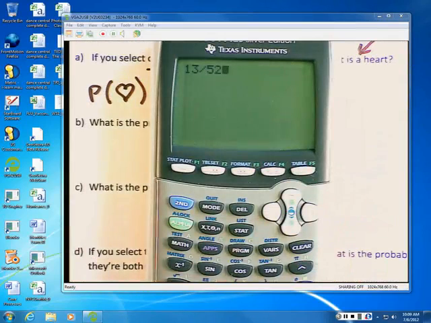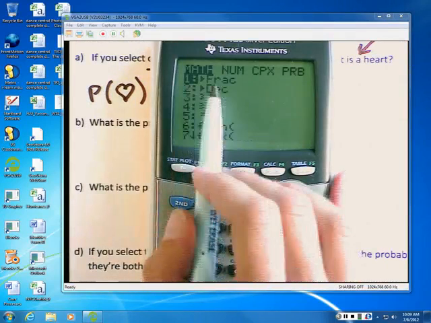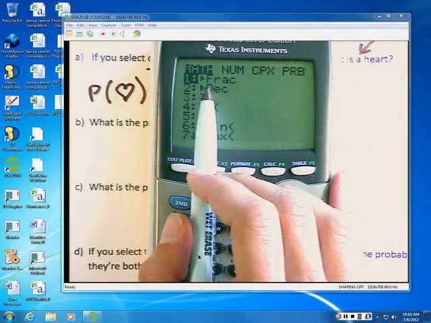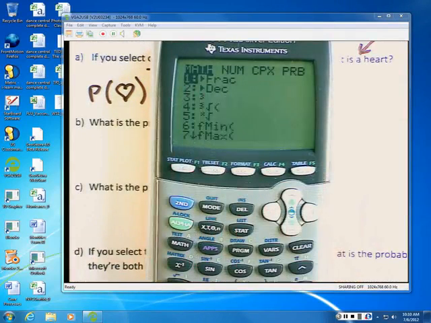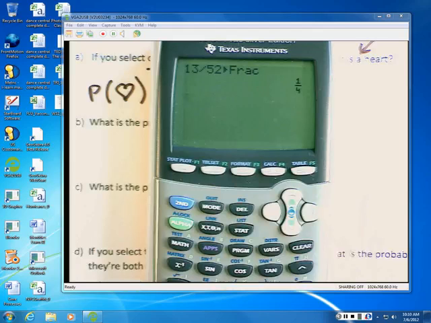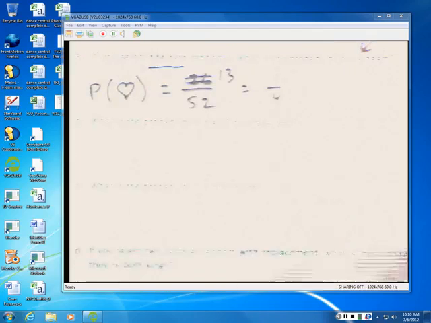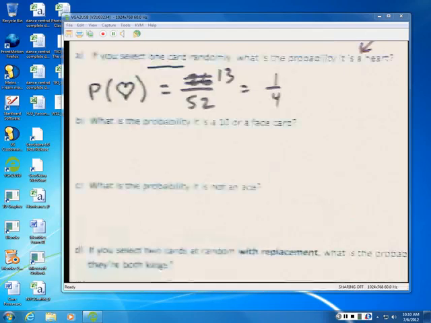I'm not going to, though, because I'm going to do one more thing. I'm going to go to the math menu, which is right under alpha. The very first choice is convert to fraction. Well, it doesn't just convert it to a fraction. It converts it to a reduced fraction, which is awesome. And then I hit enter, and it changed it to a 1/4. So that's a really, really great way to reduce some of these fractions. And your book will reduce all of the fractions.